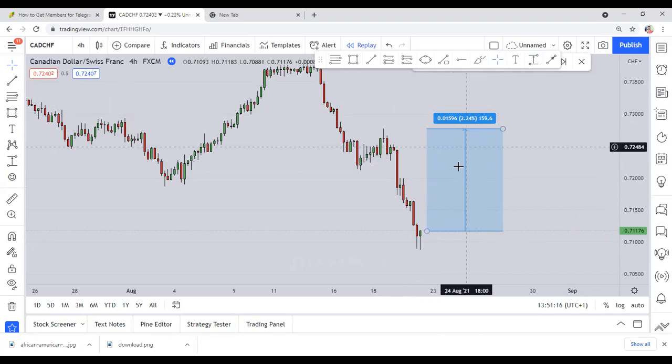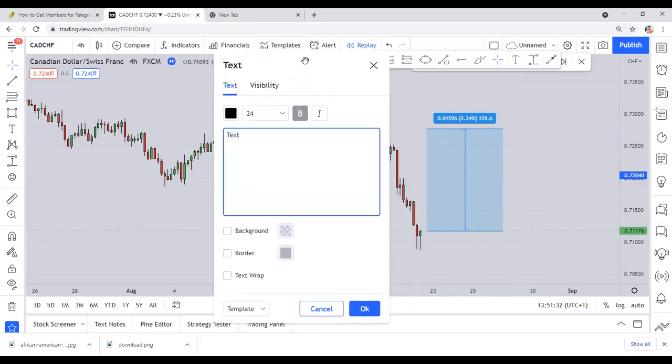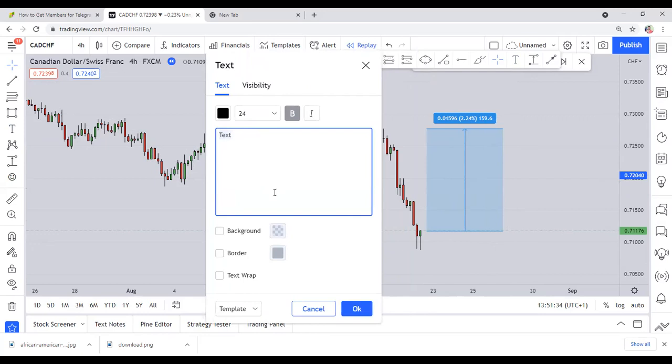So how do you know that? It's very simple and very straightforward. The first thing is you want to determine your lot size. What lot size do you intend using? Let's assume we intend using the one standard lot size. What will be our profit on this trade? Very simple. We're using the standard lot size right now.